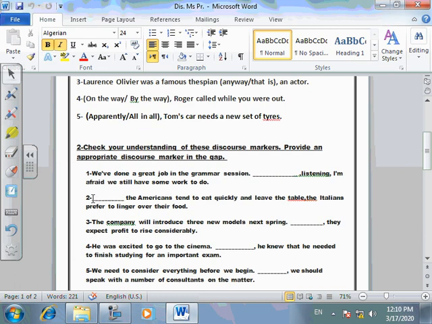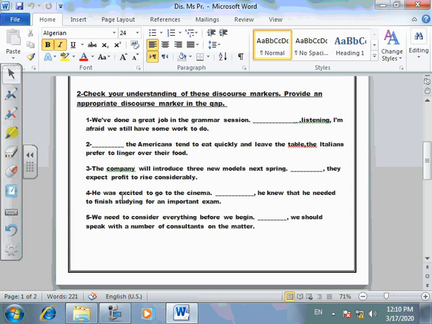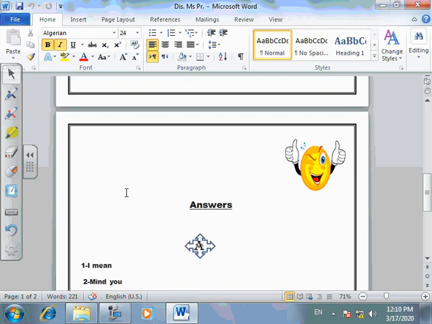For this, ask yourself while filling in the gaps about the function of each discourse marker. Okay? Number 2, it shows what? While or whereas show contrast. You have a lot of contrasting words.